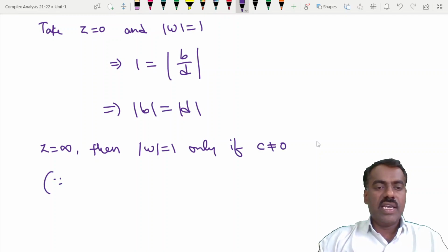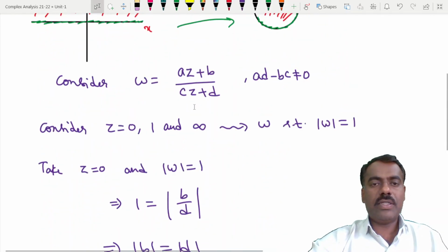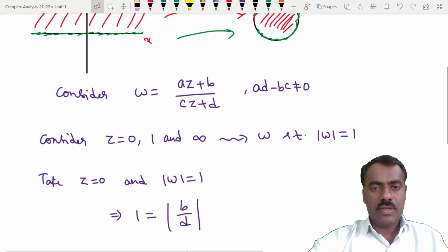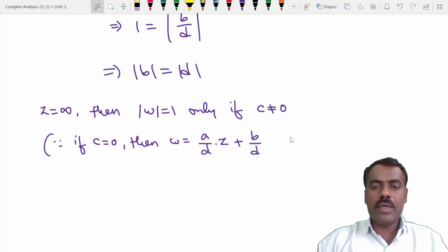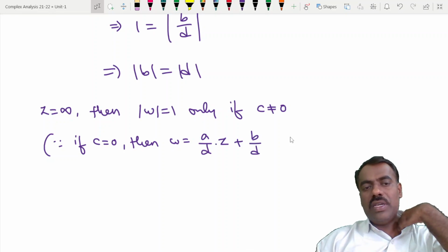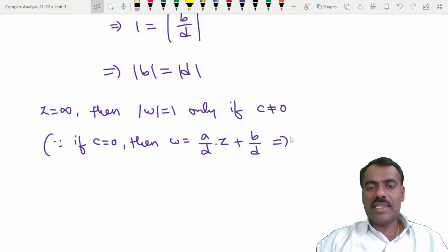What is the reason? If c is equal to 0, then our w map will become a by d times z plus b by d. We can see that when z tends to infinity, w also tends to infinity.